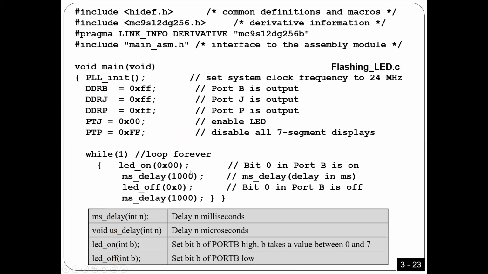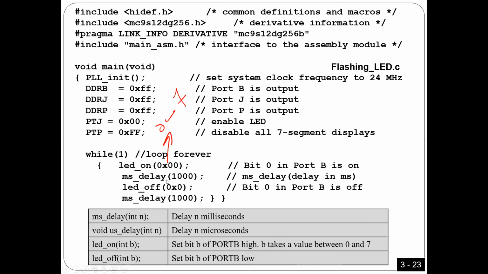Now look here what I'm going to do. In the C language, guys, we also have a number of functions that I can just use. We have a function here called LED_on. This function turns one LED on, but you have to give me the number, which one. Here I have to give a number from 0 to 7.